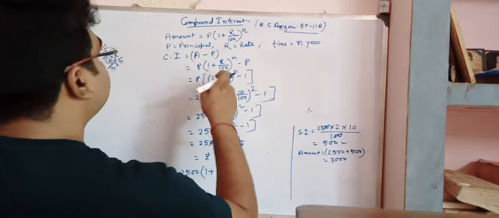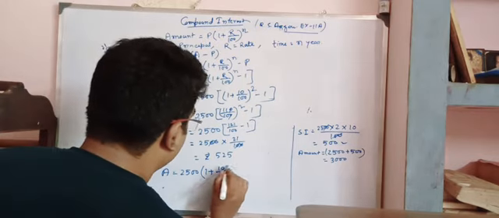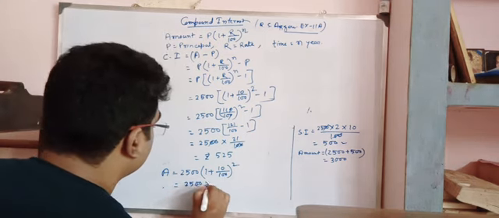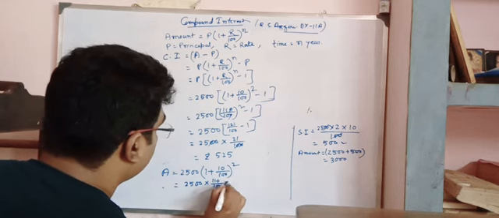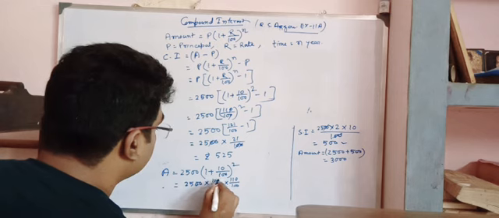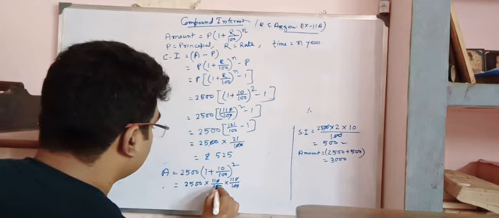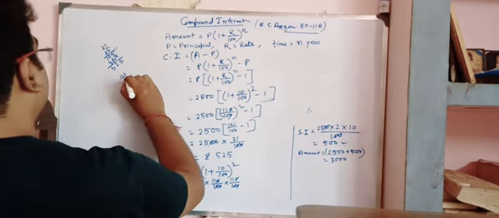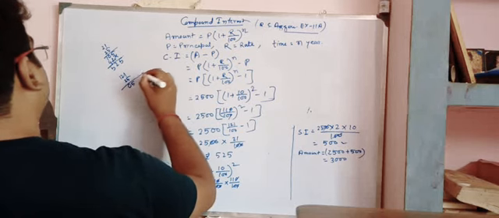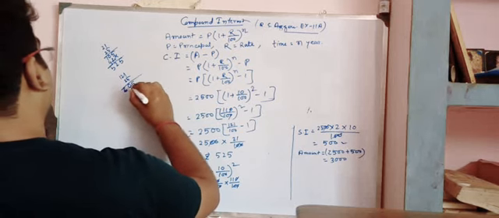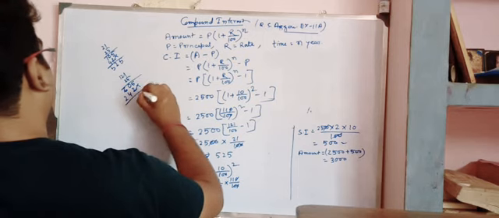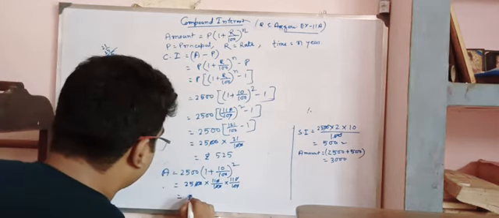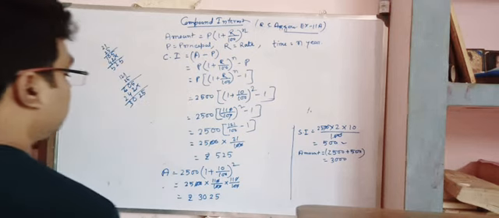R means 10 by 100 whole to the power 2. 110 by 100 into 110 by 100. 121 multiplied with 25. Rupees 3025. So that was my amount.